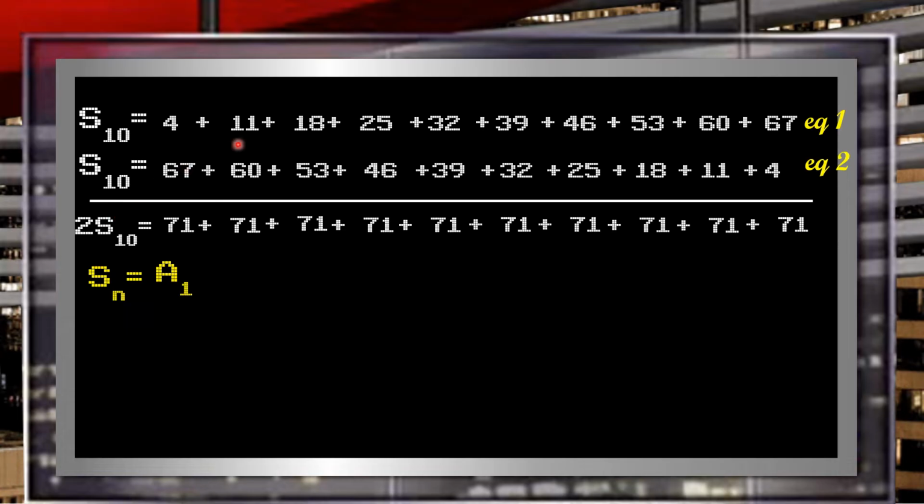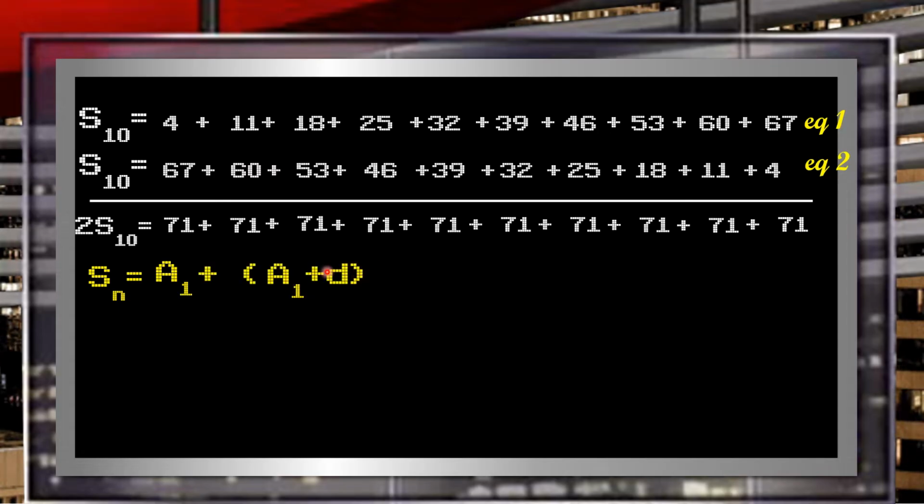Plus, how do we get 11 from 4? Isn't it that 11 is 4 plus 7? And ano ba yung 7? 7 is our common difference or D. Therefore, again, to get 11, we have 4, which is A sub 1, plus D, or the common difference.